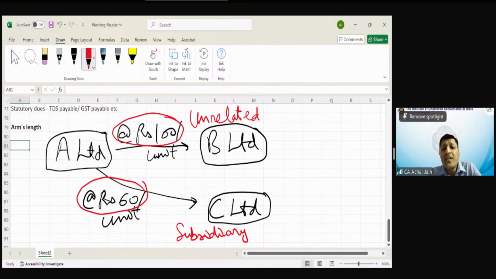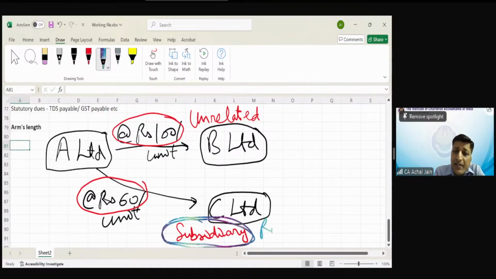And there's also a reason which is attached to that. What is the reason? It's a subsidiary. It is related to A. So the moment we say it is related to A, risk gets attached.